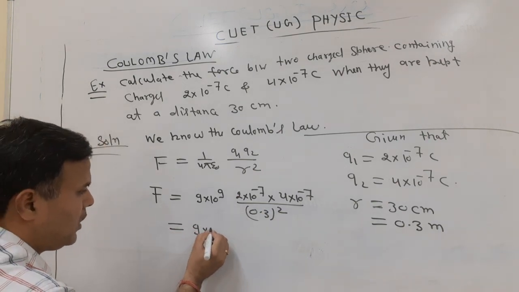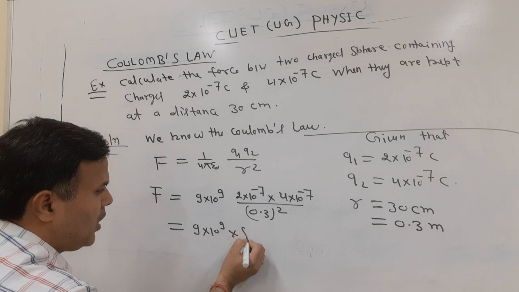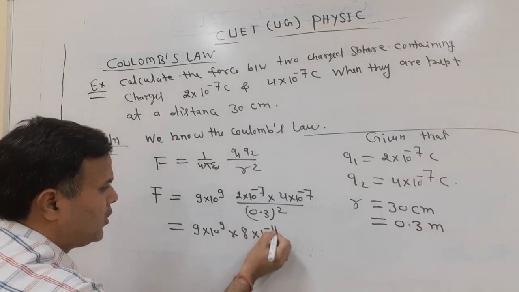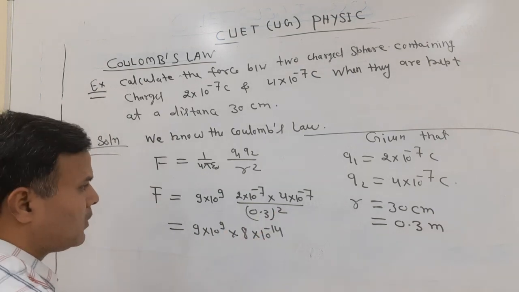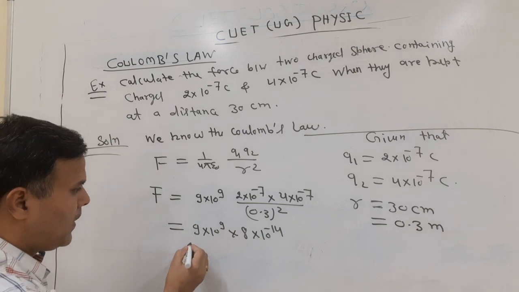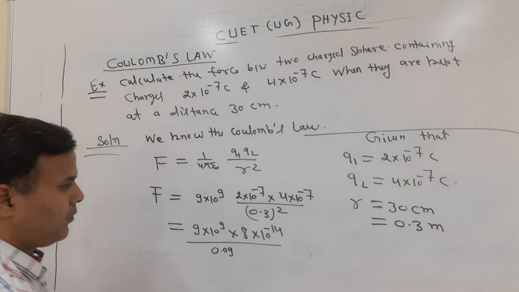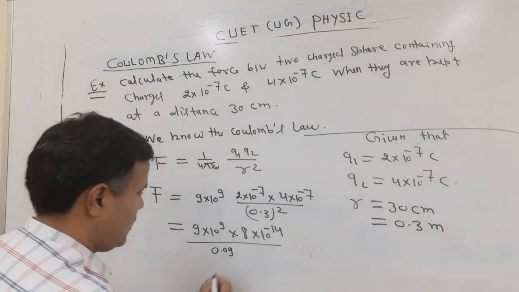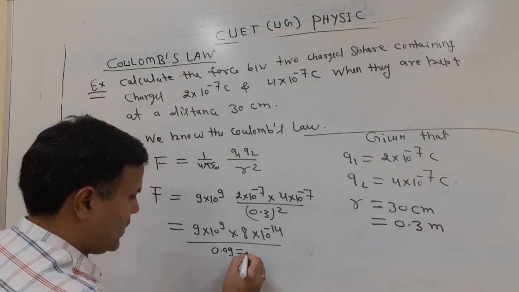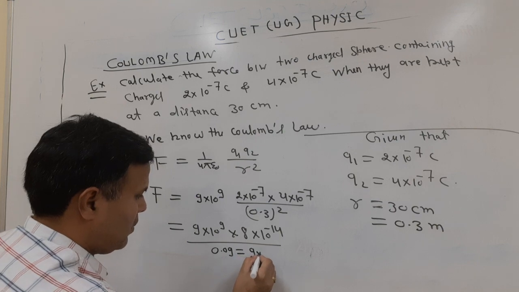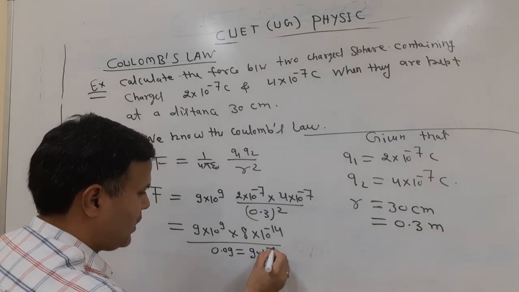This becomes 9 into 10 to the power 9 into 8 into 10 to the power minus 14, divided by 0.09, which can be written as 9 into 10 to the power minus 2.